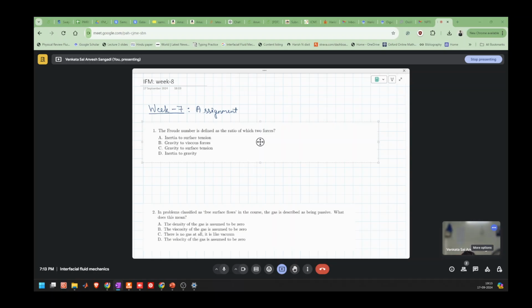If you remember, in the case of a falling jet, we encounter the Froude number, and the Froude number Fr is defined as inertia force to the gravity force. So the correct option here is B.